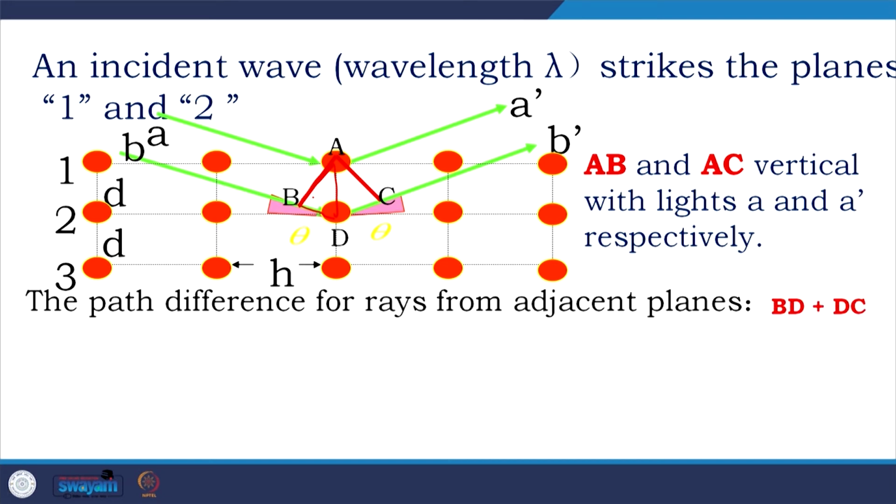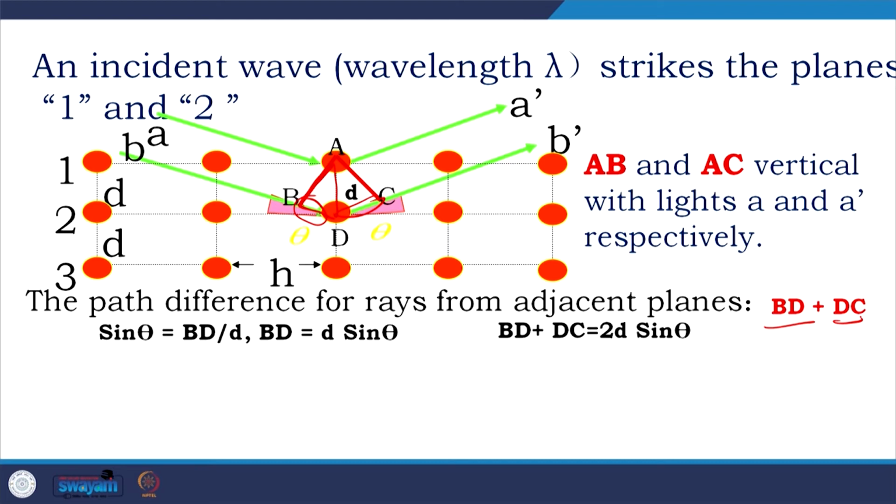And the distance is d, and this distance is BD. So, the path difference for rays from the adjacent plane is BD, this one, plus DC, this one.